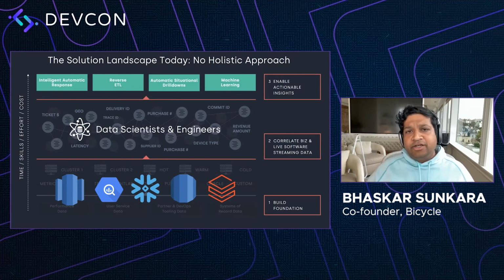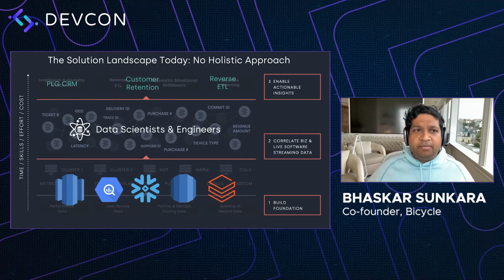And then finally, there are actually some tools that do start combining these areas together. So there are categories like product-led growth CRM companies. There are tools that focus purely on customer retention that help customer success teams.